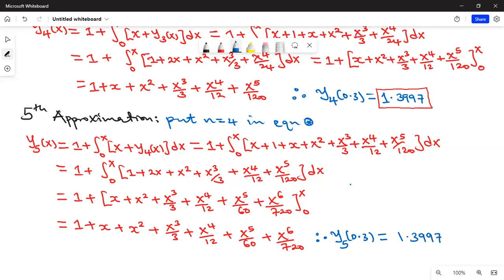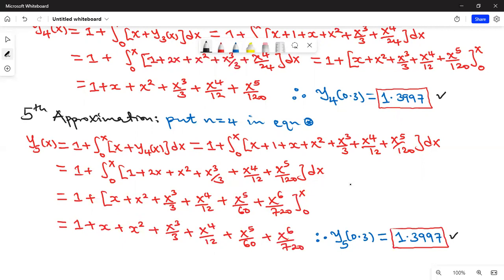So the question is, have we achieved convergence? Yes. Look at the last two values, y4 of 0.3 and y5 of 0.3. It is a constant value.